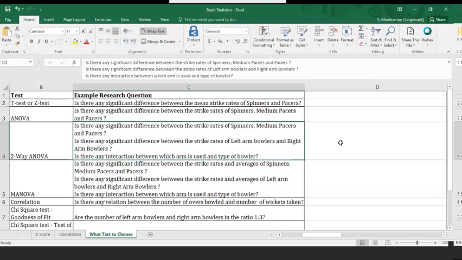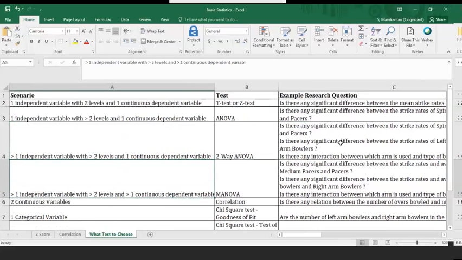Now next scenario. Greater than one independent variable with more than two levels and more than one continuous dependent variable. The difference between the previous scenario and the current scenario is you have more than one dependent variable here.